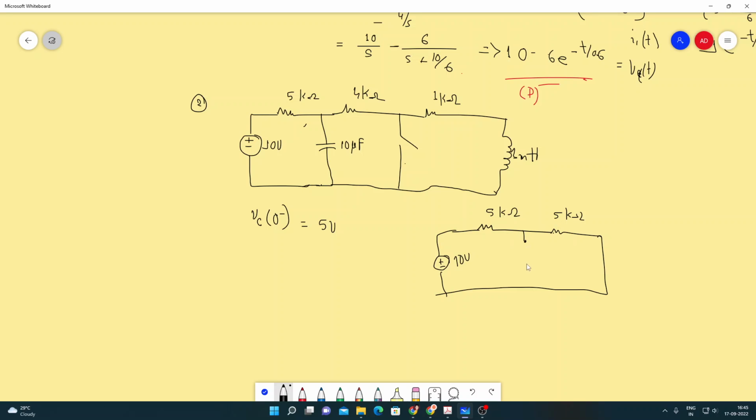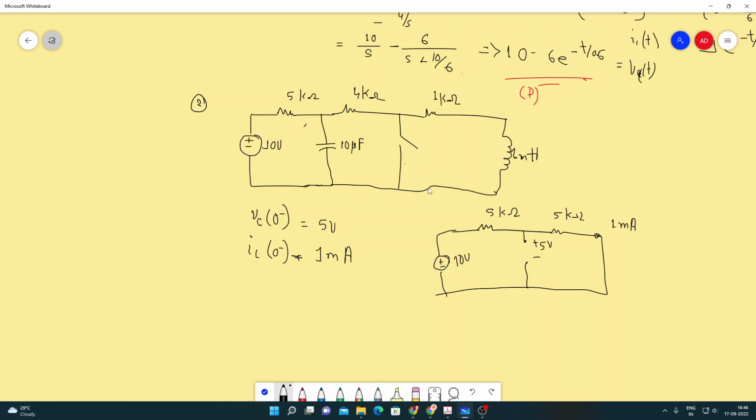So the voltage here is 5 volts, and the current through the inductor IL(0-), so it's short, so what is the current through it? 10 by 10k, that's 1 milliampere. Not the answer, but the current through the inductor at time t equals 0 minus.